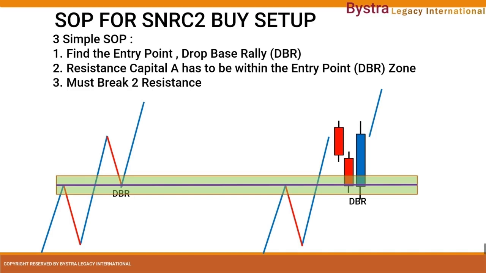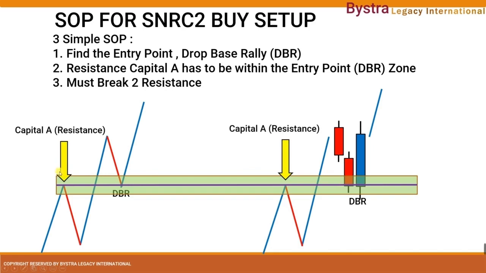Most important part here is that we need to know that this capital A or this resistance here must be aligned together with the drop base rally. Like as you can see, this is aligned together with the drop base rally. So here we can see the capital A, which is the resistance.